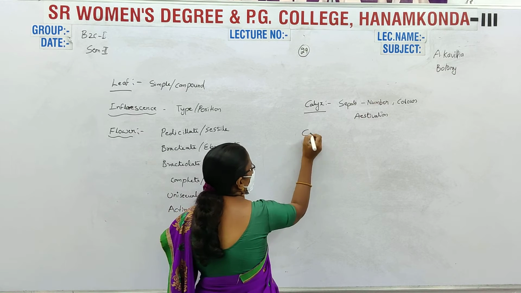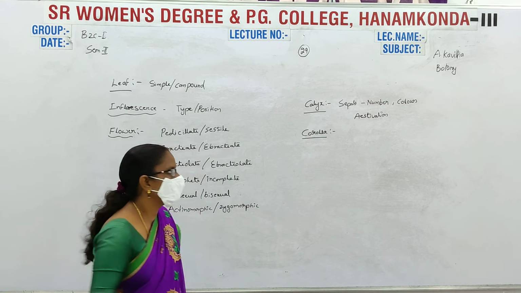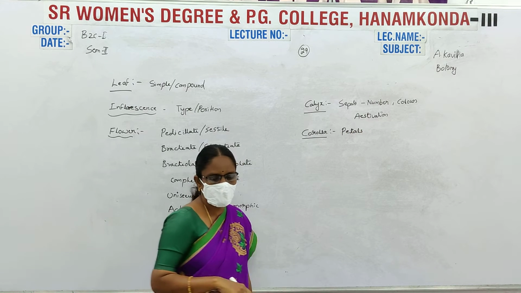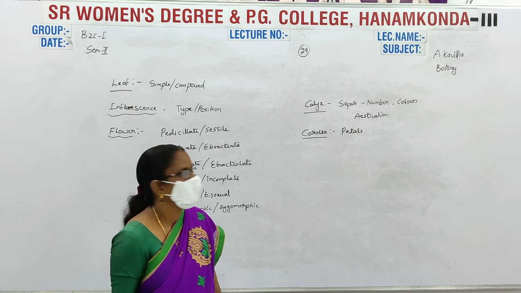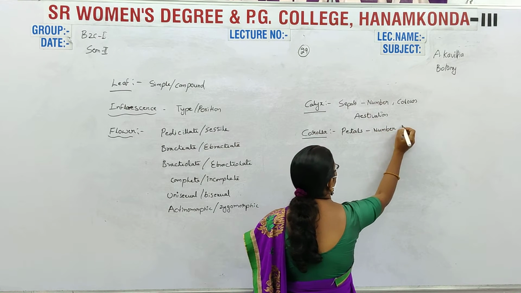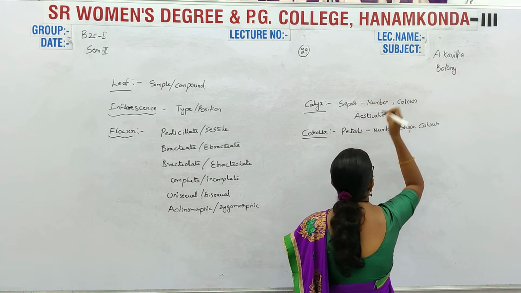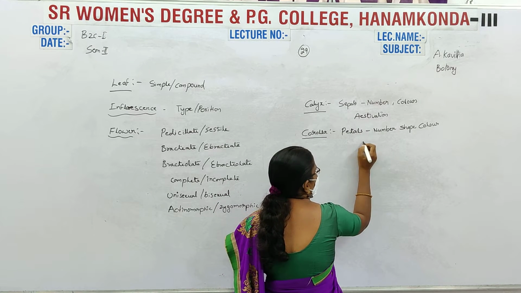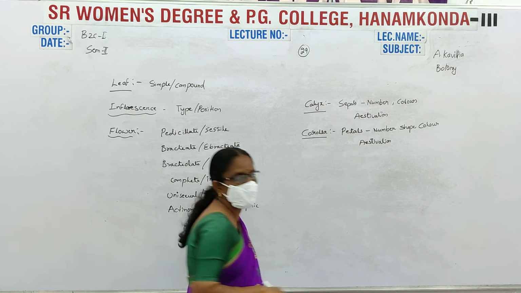And next one is corolla. Corolla means petals. Write the number, shape, color, and position or estivation.